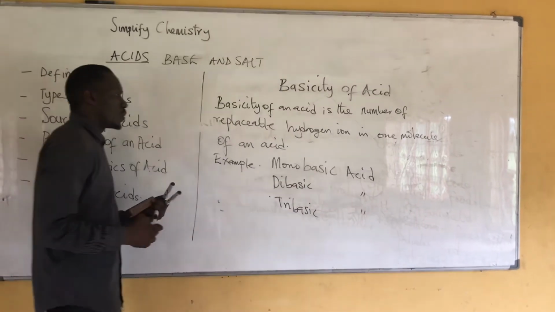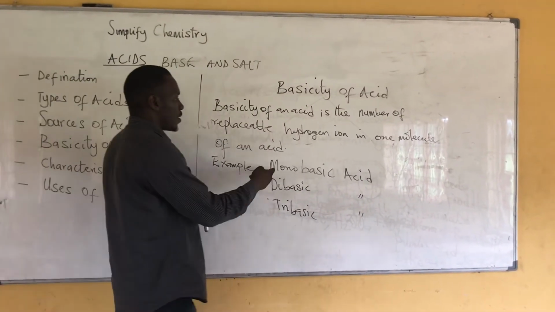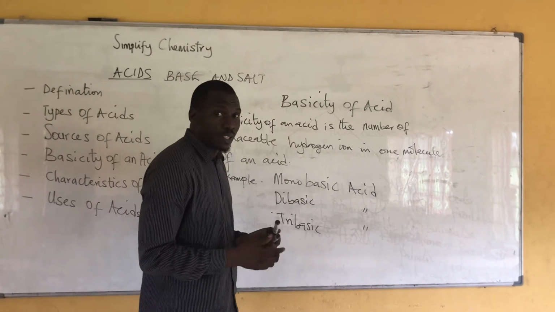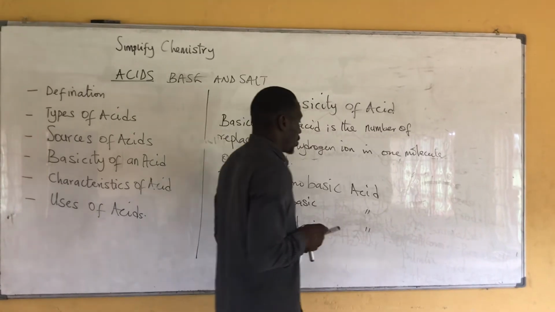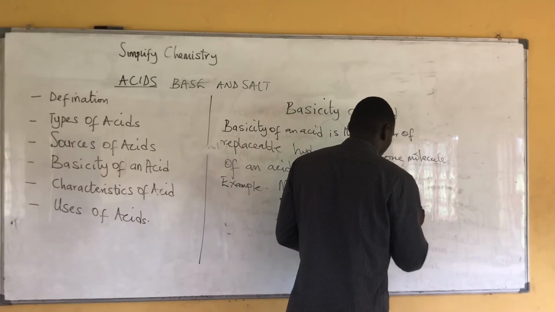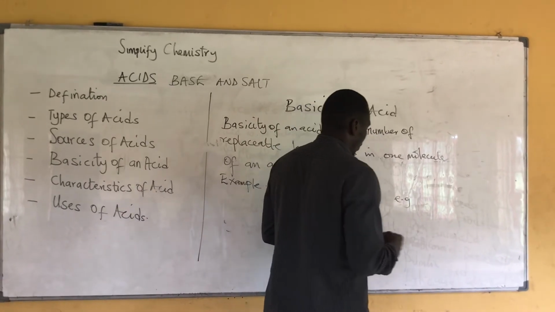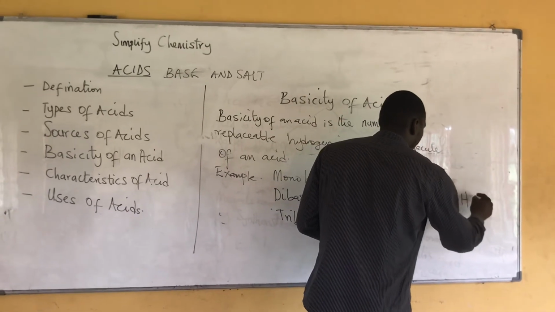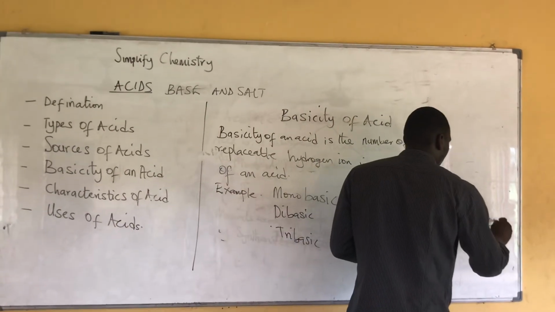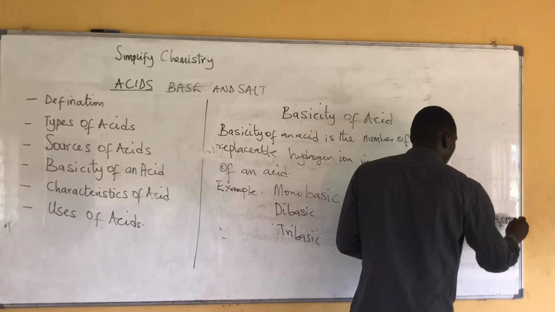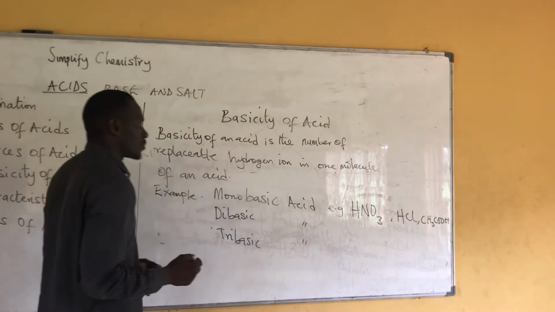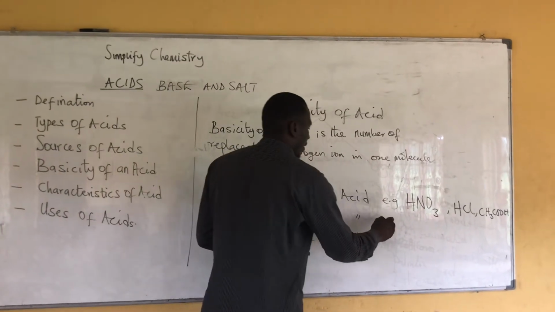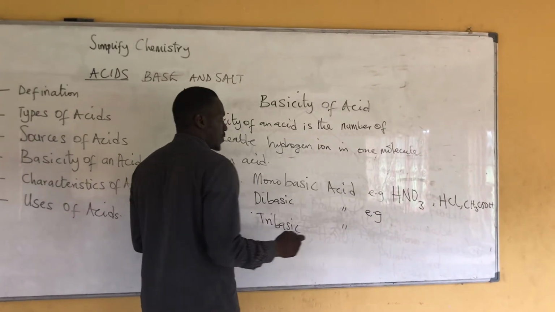So let's come back again to remind ourselves. A monobasic acid is an acid that has only one replaceable hydrogen ion, for example HCl. Dibasic has two replaceable hydrogen ion.